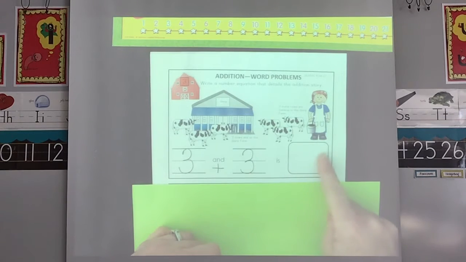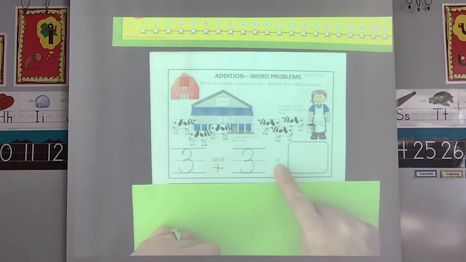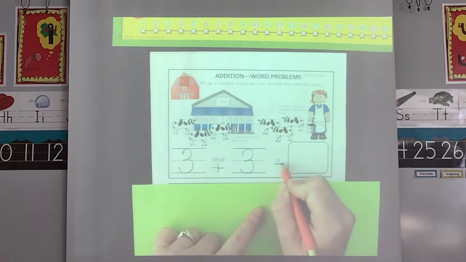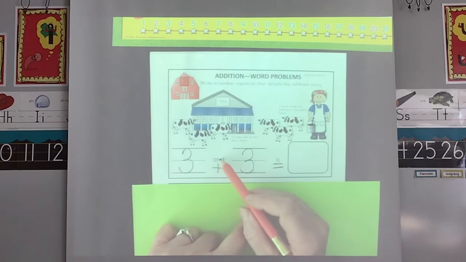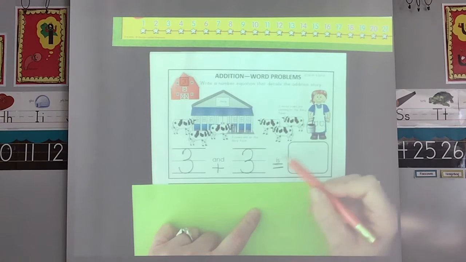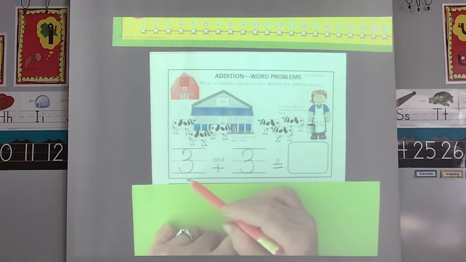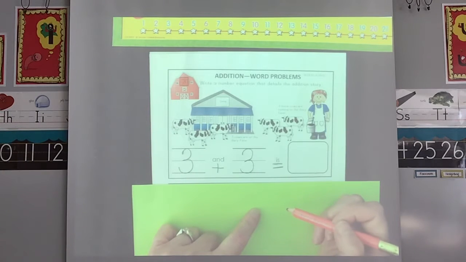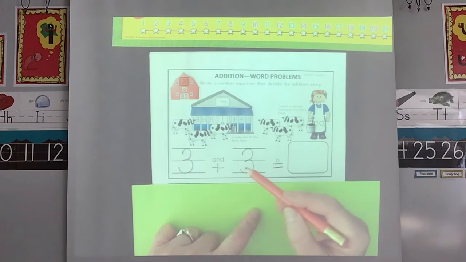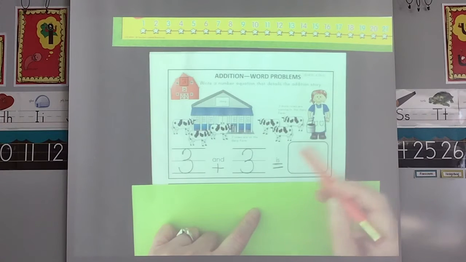How much does it equal? So is the same as the equal sign. So we're learning what words in math mean. And means plus. Is means equal. So 3 plus 3 equals, or 3 and 3 is, and what is the total?